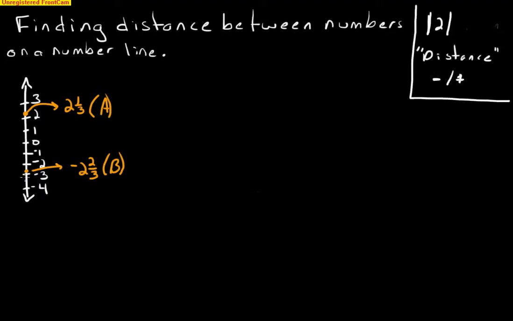Vice versa, if you started at negative 2 2/3 and went up to 2 1/3, you'd have a positive distance. So the positive and negative in this example doesn't mean anything, because we're only talking about the distance between point A and point B. So obviously the question we're going to ask ourselves is, what's the distance?